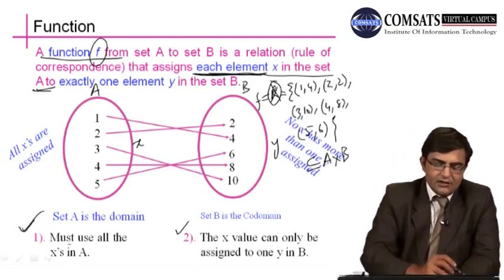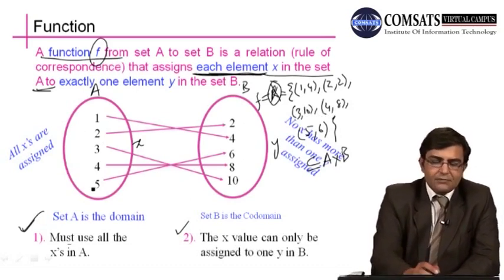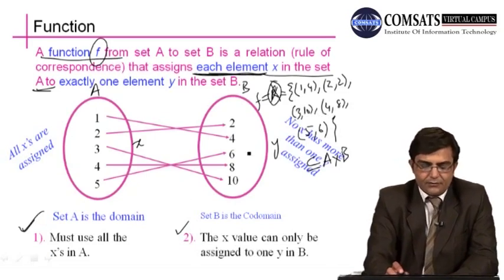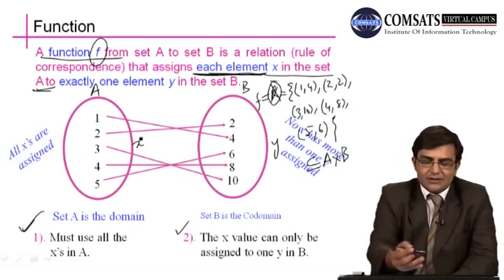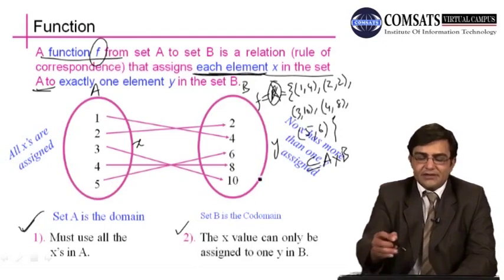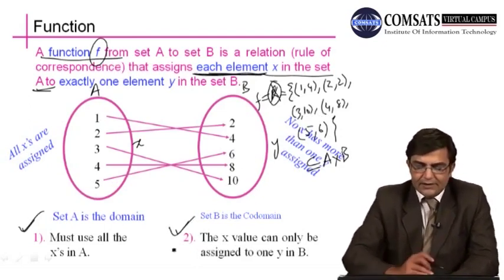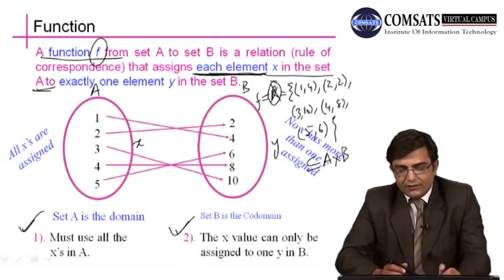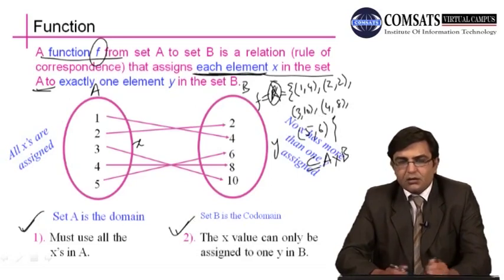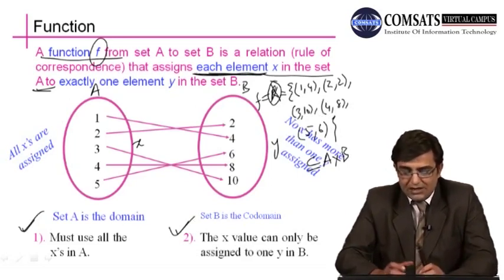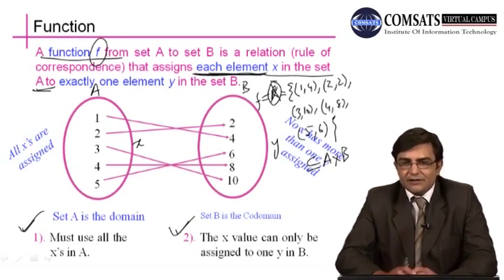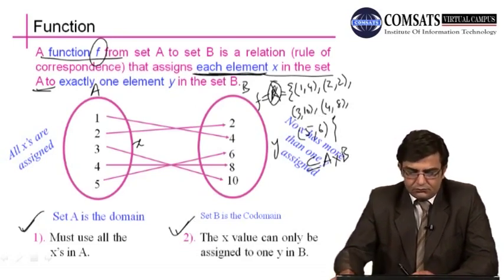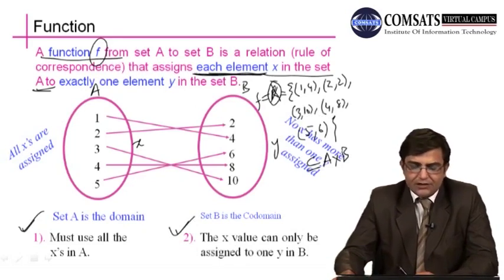The first is this: each element of A must be assigned to some element in the set B. There must not be any extra element which is not assigned to any element in B. The second condition is that each element of A can only be assigned to exactly one element in B. So these are the two conditions of a function.